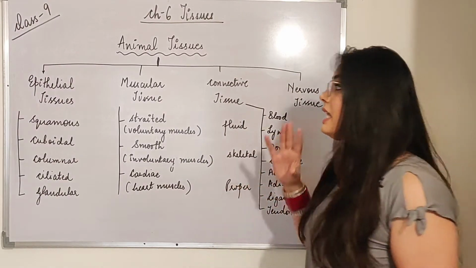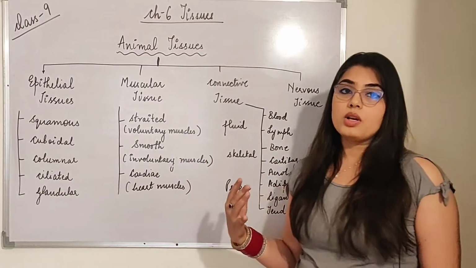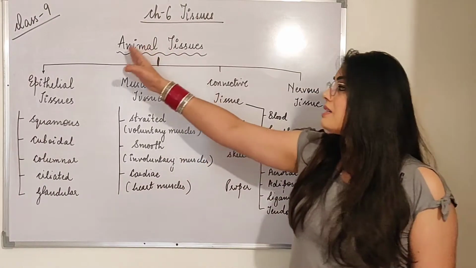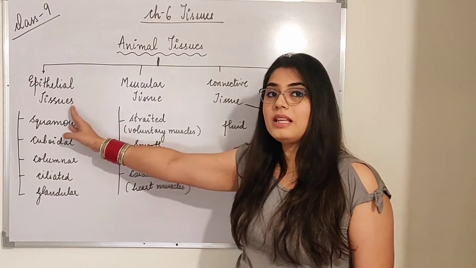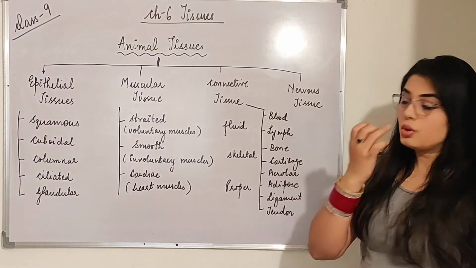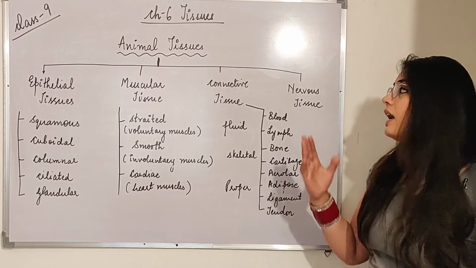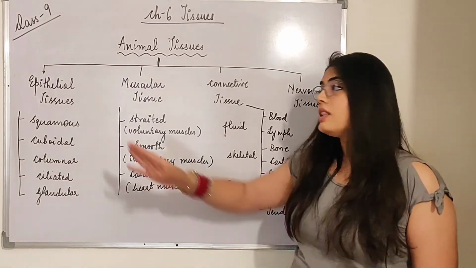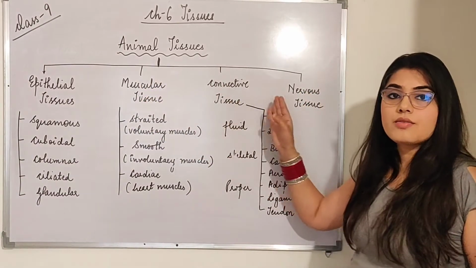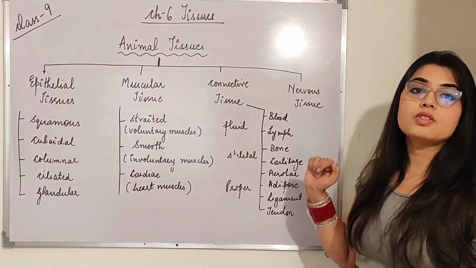That means the animals have these tissues inside their bodies. The parts that I have mentioned here are the epithelial tissue, the muscular tissue, connective tissue and the nervous tissue. So these are the four types of tissues present in our animal tissues. The first is the epithelial, then muscular, then connective and then nervous tissue.